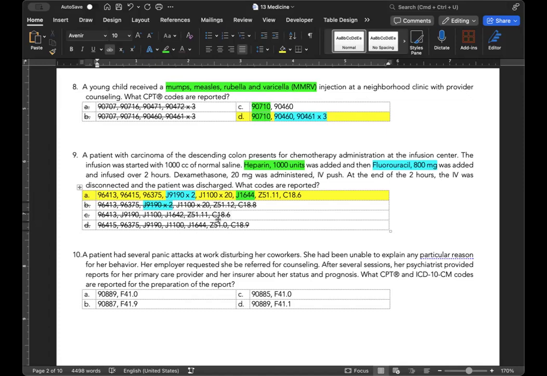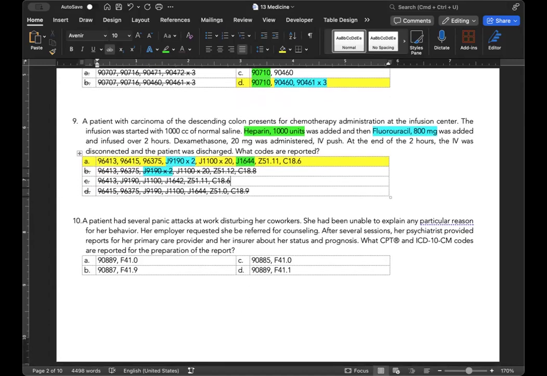Just clarifying that. Yep. The only time that you wouldn't code them separately is if for some reason there's a J code that includes both of those drugs in a single code. Like if it's a compounded drug, then you would code with the single code versus double. Okay. Got it. Good question though. Thank you. You're welcome.